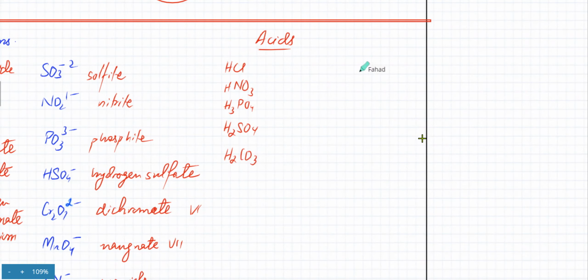अच्छा, then you have some variants of this. This is known as nitrous acid. मतलब ये नाइट्रिक है. This other one is known as nitrous. फिर एक phosphoric होता है.